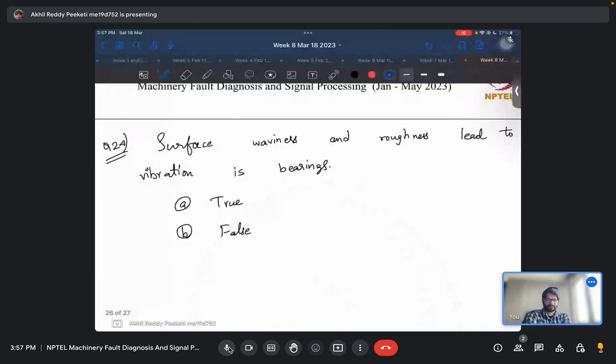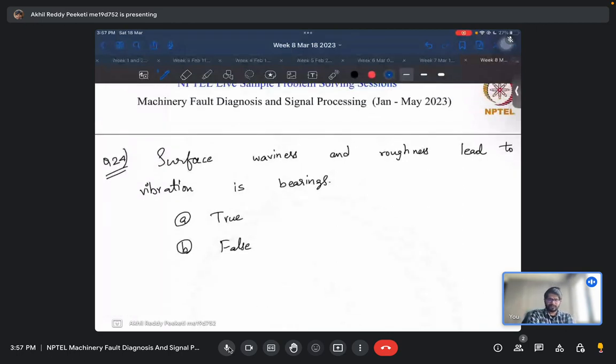Next question. This should be straightforward and similar to the last question which we discussed. Surface waviness and roughness leads to vibrations in bearings. True or false?